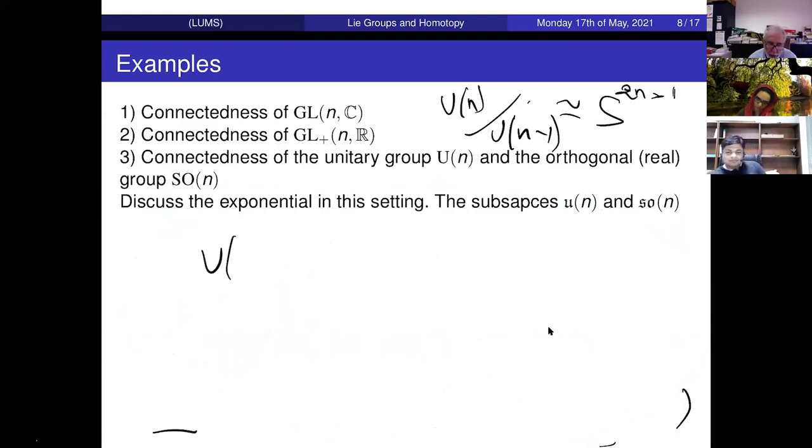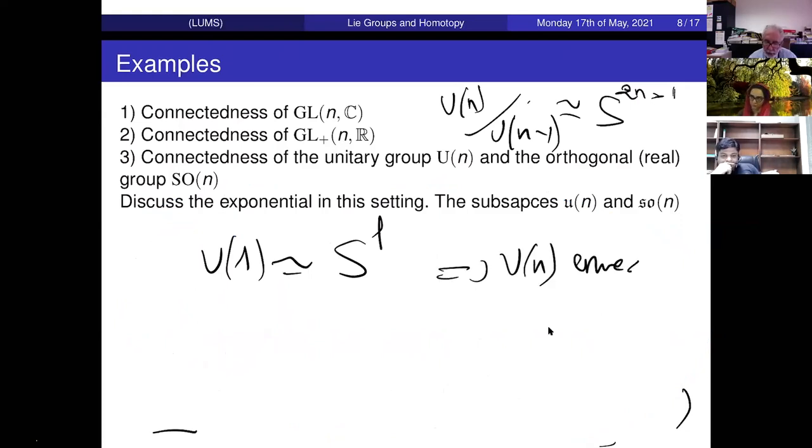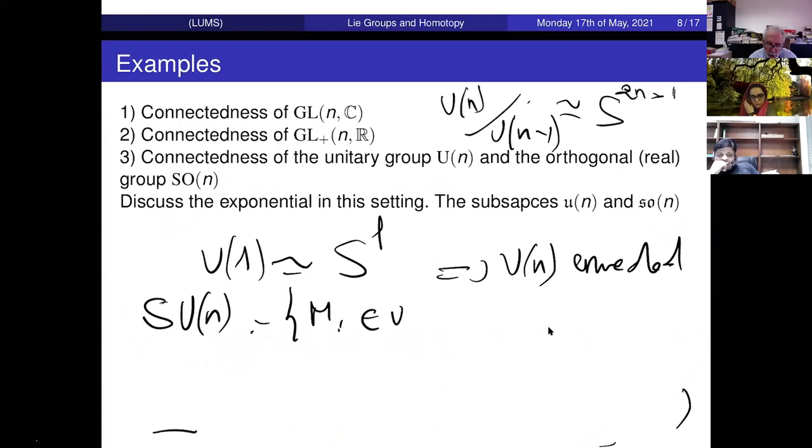U1 is the circle, prove that UN is connected. We can do the same with SUN, which is the set of matrices which are in UN and of determinant 1.